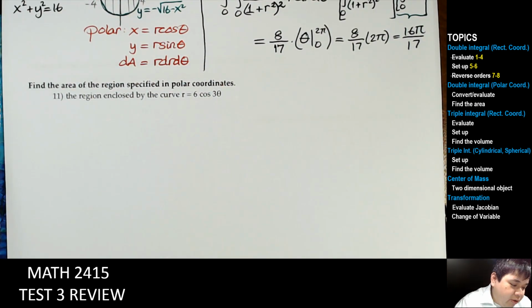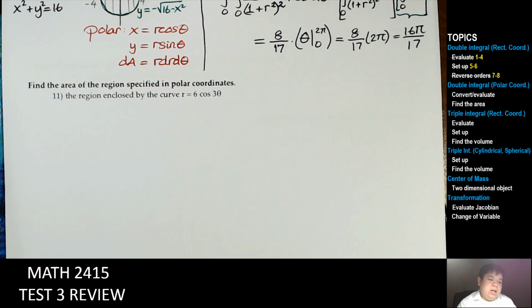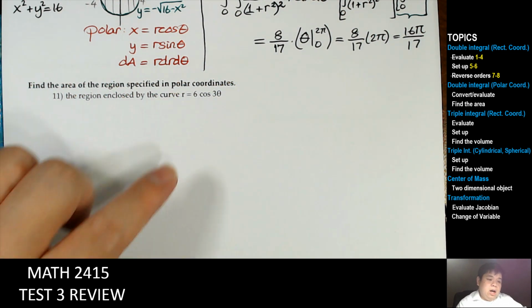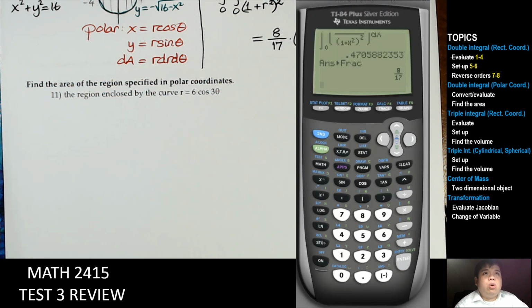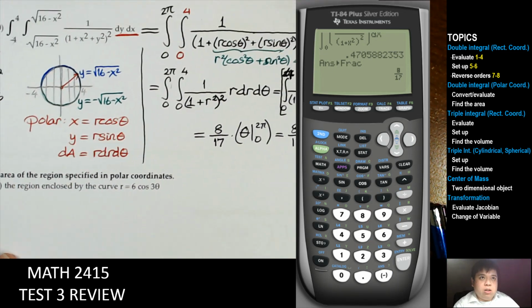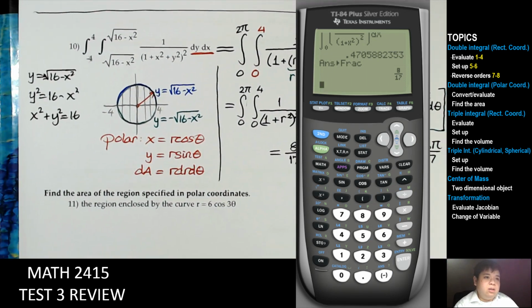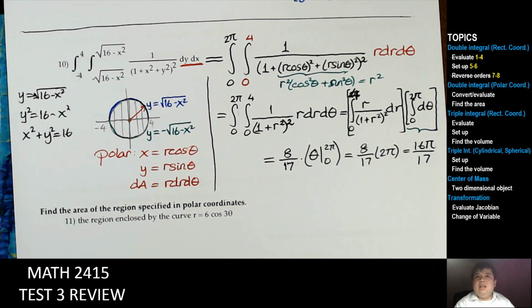Right. Next, find the area of the region specified by the polar coordinates. So we have what looks like a rose, the graph of rose petals. On this one we need to graph in polar. Let me update the list first.